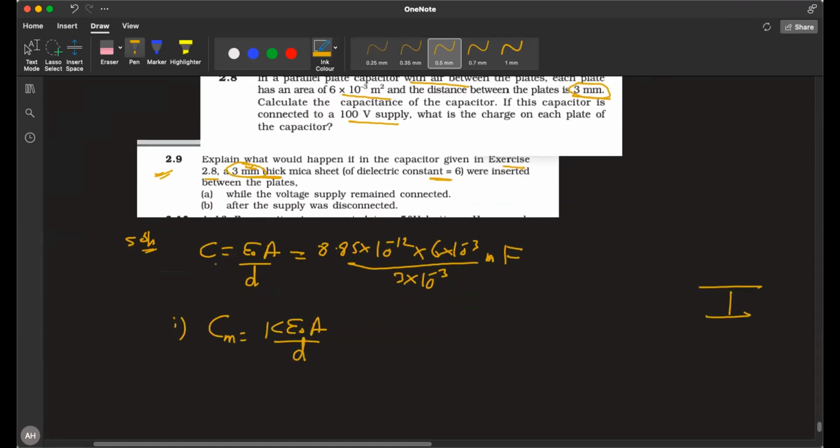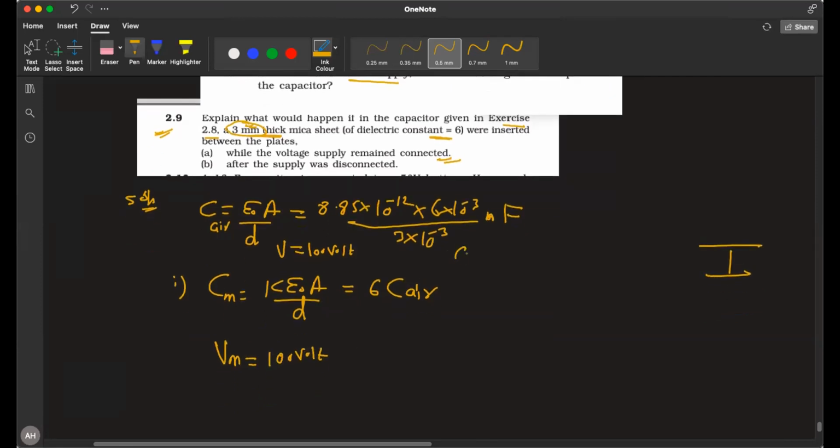So this is the capacitance when you have air. So capacitance will be 6 times that of air. So capacitance will change. When the voltage is connected, that means your potential will not change. Earlier, when it was air, the potential difference between the plates was 100 volt. After inserting the dielectric, if the battery remains connected, the potential will not change. It will still be 100 volt.